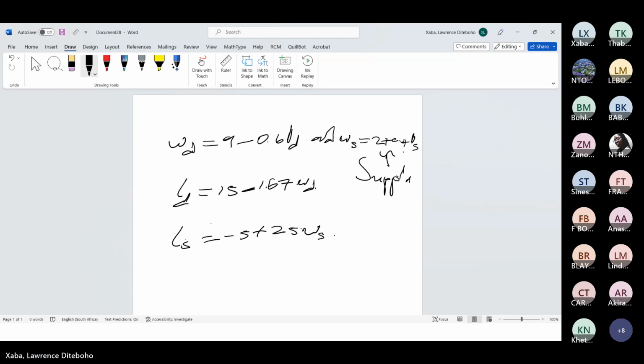So our interest is to do our graph. So what we are going to do now is to equate the two.